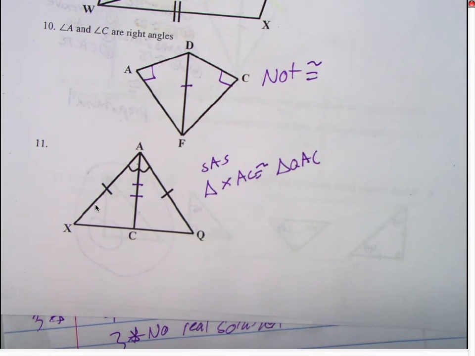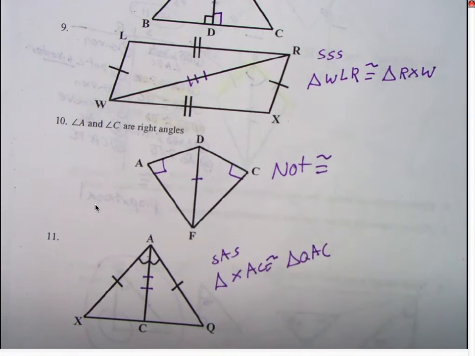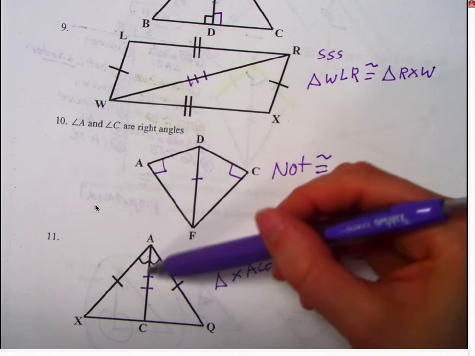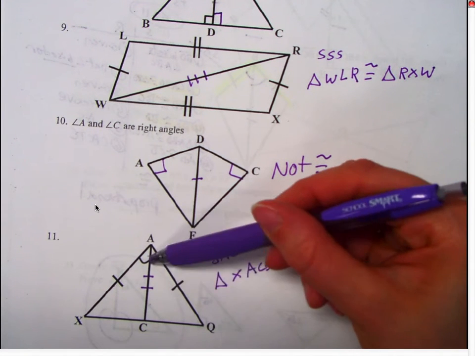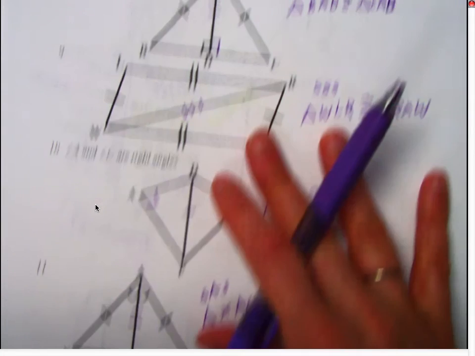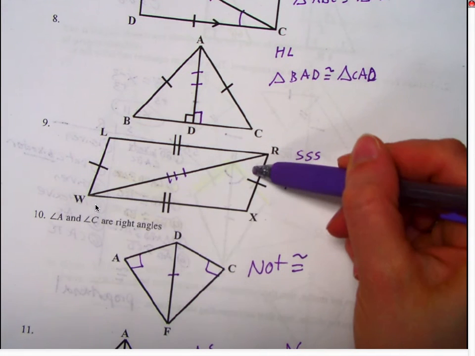How are we feeling about this page? Any big questions? How do you know if it's angle, side, side or side, angle, side? Okay, so I had a question about how do we know what to call them. Do you see how the angle is in between these 2 sides? So that's why it's side, angle, side. Here, I have 3 sides.